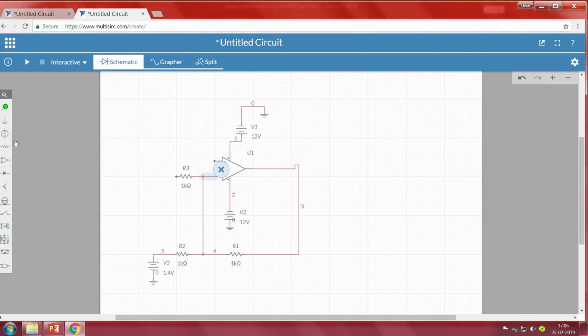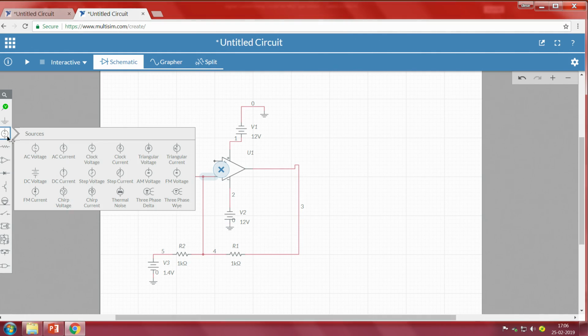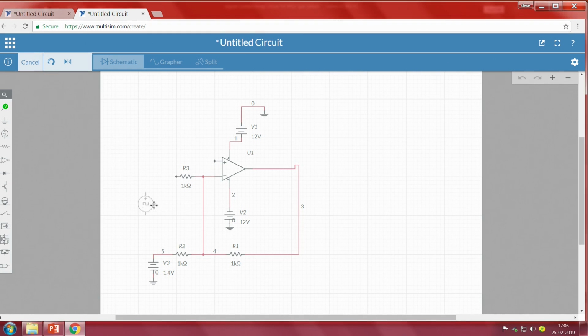And here comes your input source from your function generator. So I choose the clock voltage source here, and this goes as input, and then connecting the ground to the source voltage.